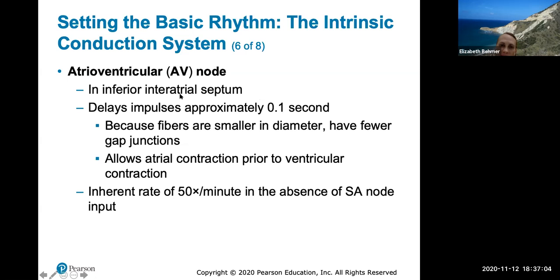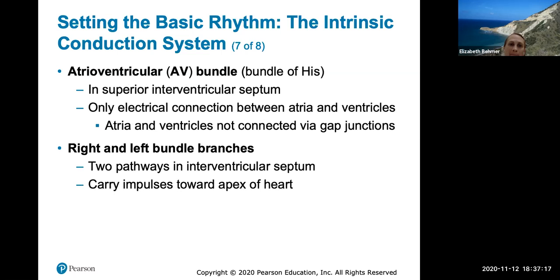So this slowing of the signal is extremely important in the AV node, just to allow the ventricles to completely fill with blood and for the atria to contract to squeeze any blood out of the atria into the ventricles. Then from the AV node, this impulse goes into the AV bundle, also known as the bundle of His.